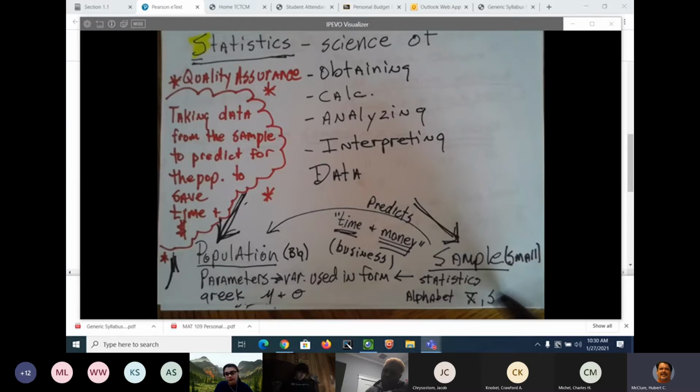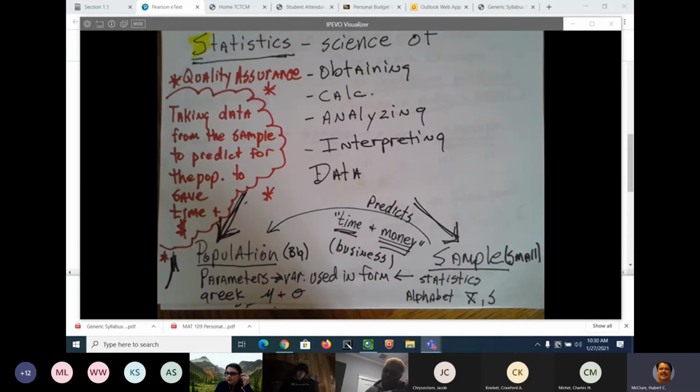Now, why do we deal with the sample and the population? Well, the population is usually what the business wants. What does that mean? When you're in a business, let's say AmMed or Fluor Daniel or Michelin, you're interested in the population, the people that you sell to. You want to know things about the population.